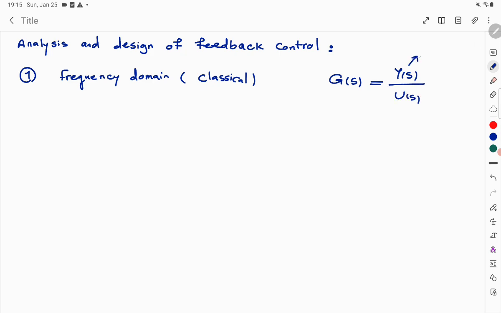So this is output of the system and this is input of the system. So to represent the system in this classical method, we should have a transfer function which represents a system based on output and input.